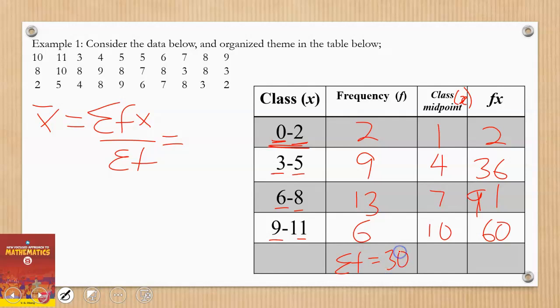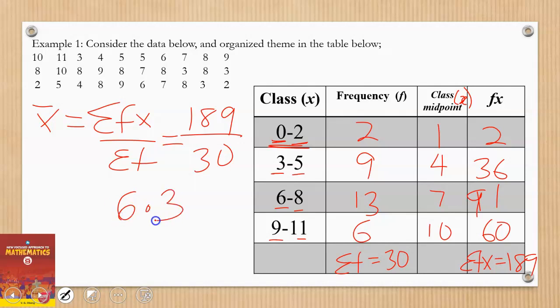So we have 30 here. Then we do the sum of fx. When we do the summation, we'll get 189. And so we have 189 divided by 30. When you do that division, it will give us 6.3. So our x bar, which is the mean, is 6.3. I hope it makes sense.